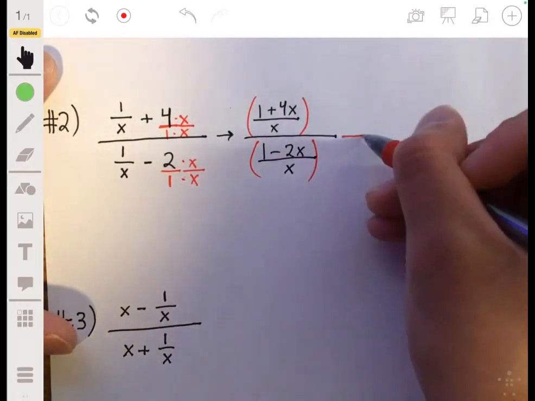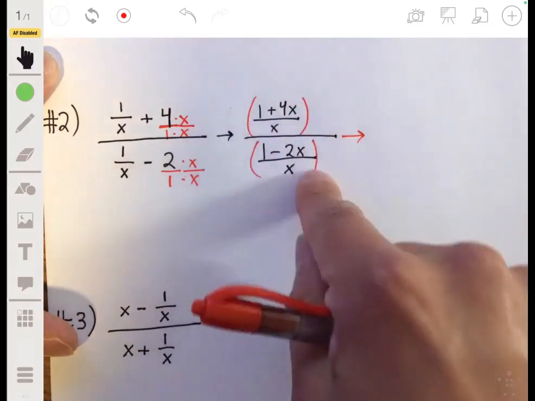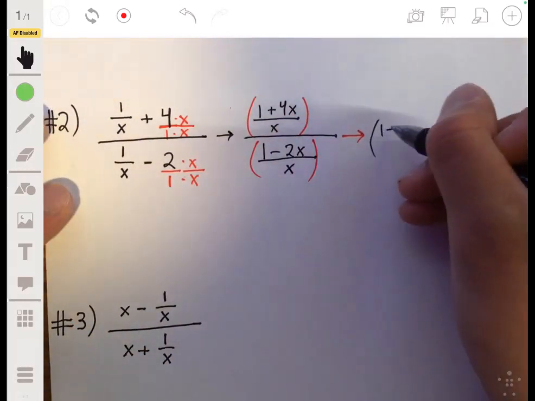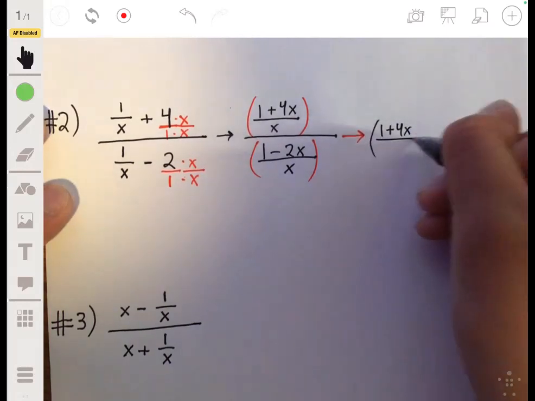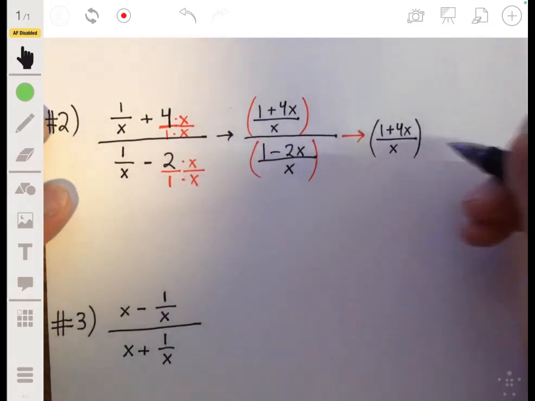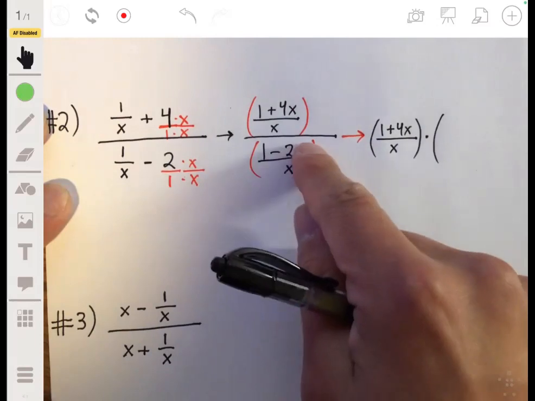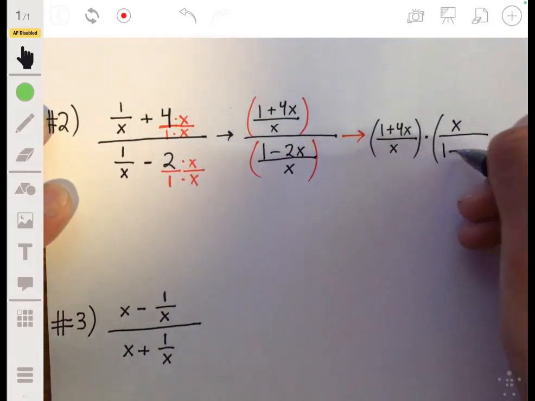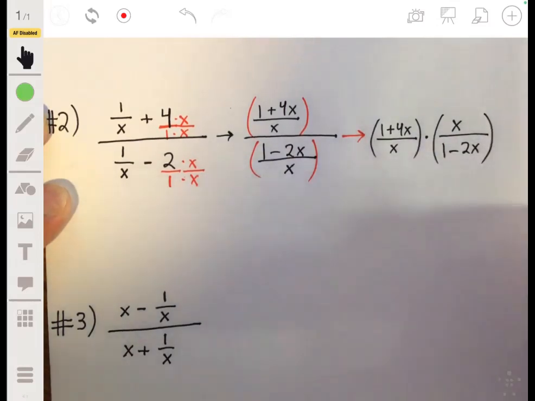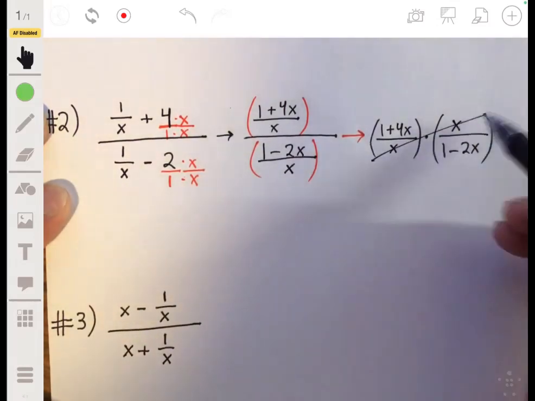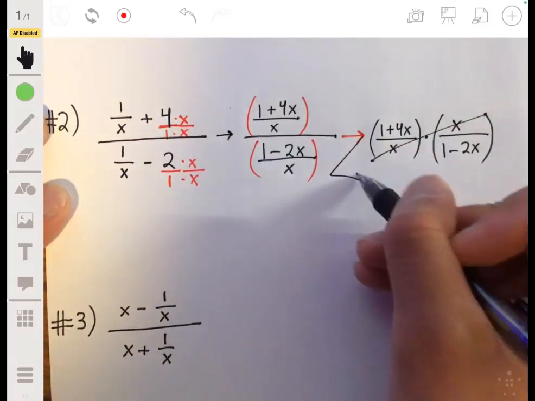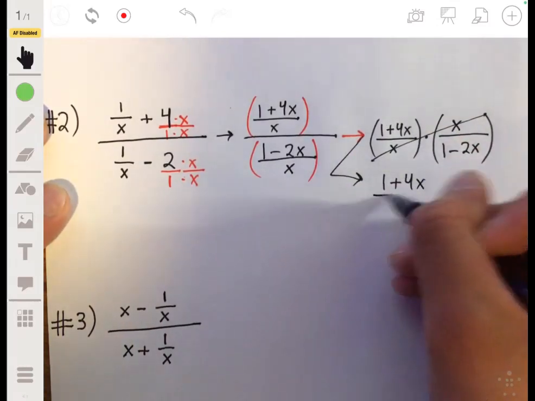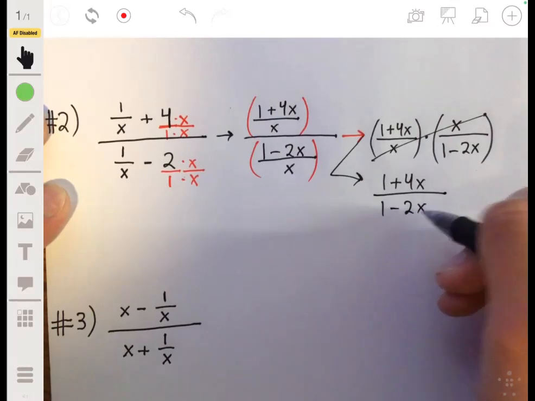And then now we simplify by multiplying the numerator by the reciprocal of the denominator. And you'll go 1 plus 4x over x multiplied by x over 1 minus 2x. These x's cancel. And all you're left with is 1 plus 4x all over 1 minus 2x.